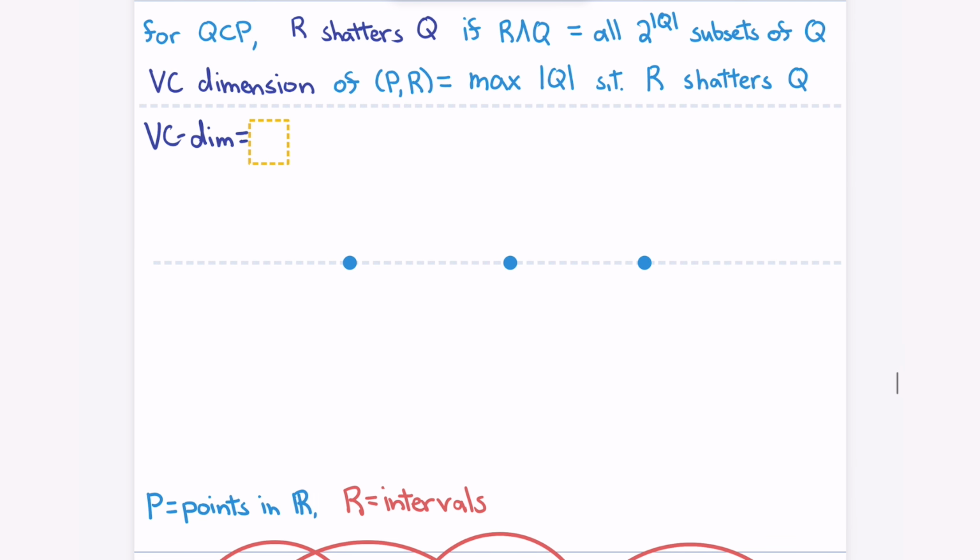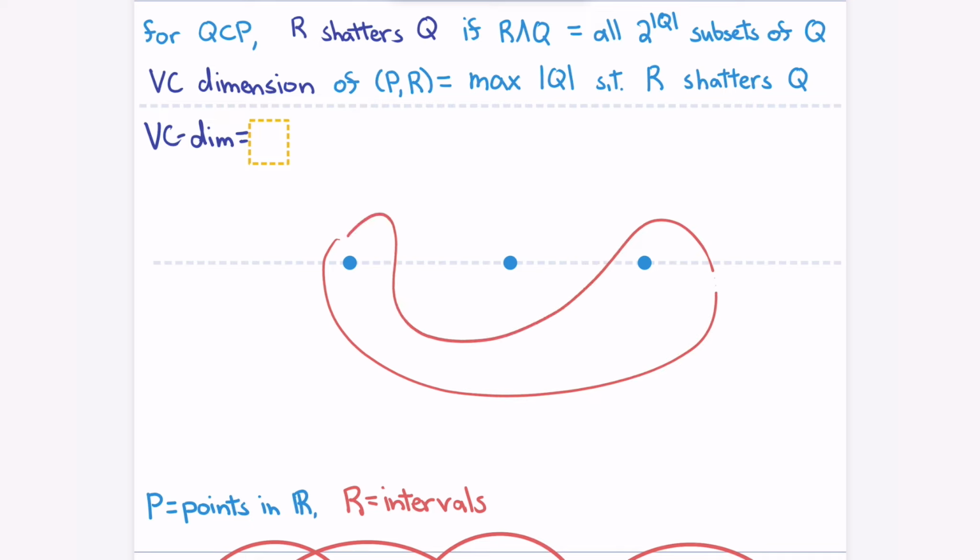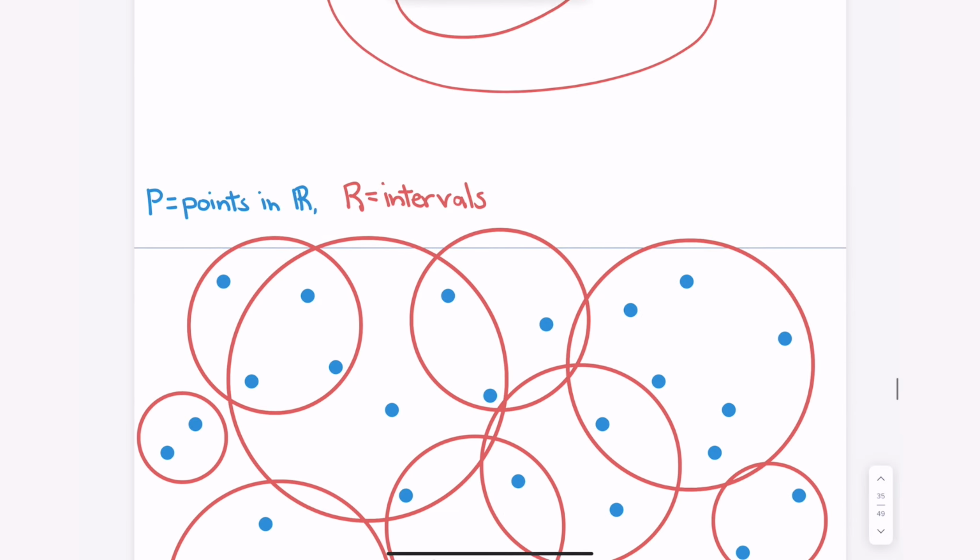With 3 points, it's impossible to get these two together. So maybe it's either a typo or of the form min size of Q that does not shatter. Should be a worse typo. Anyway, we're only off by 1.